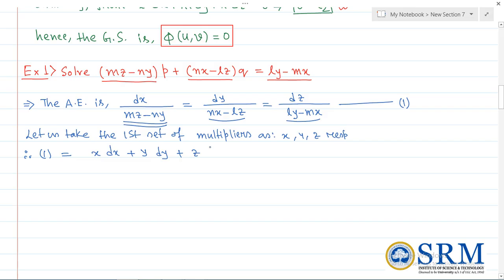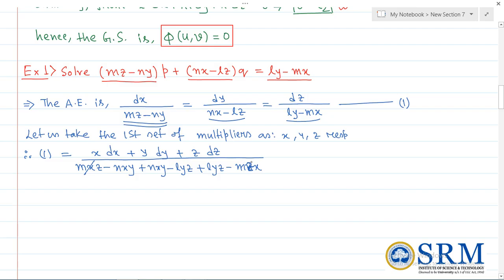plus z dz, divided by what? The first term we have multiplied with x, so it will come m xz minus n xy, plus the second term by y, n xy minus l yz, plus the third term by z, so l yz minus m zx.